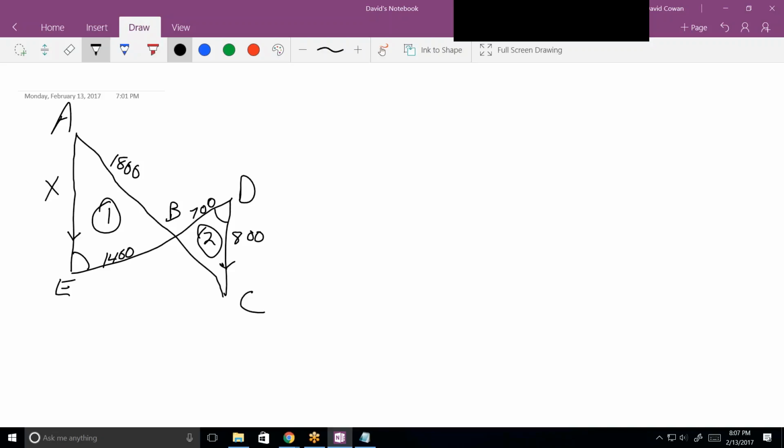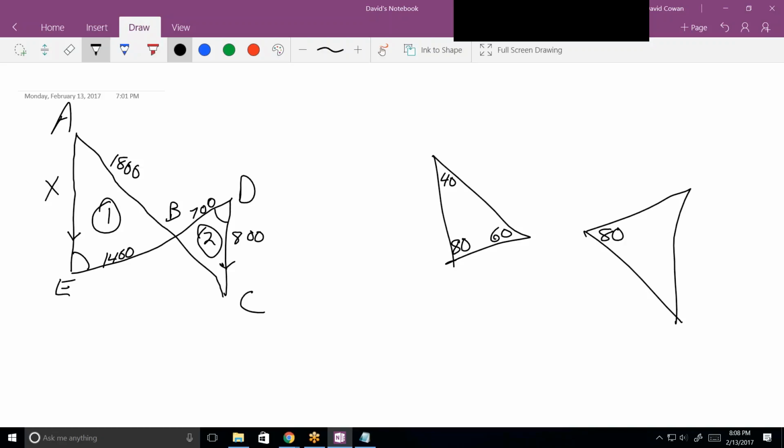Two triangles are similar if I draw a triangle like this, and I draw a triangle over here like this, as long as this is 40, that's 60, and that's 80, as long as I have an 80 and a 60 and a 40 over here, it doesn't matter whether this triangle is bigger than this triangle or not. They are similar. If you have three angles the same, they are similar.